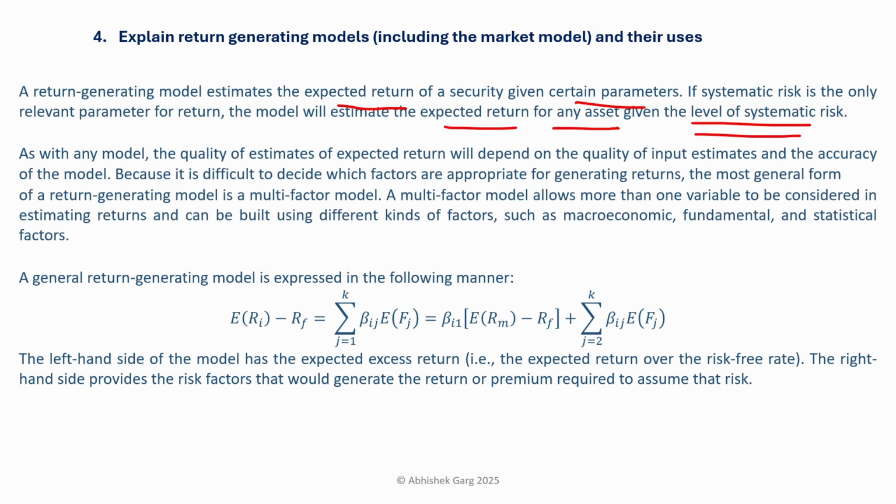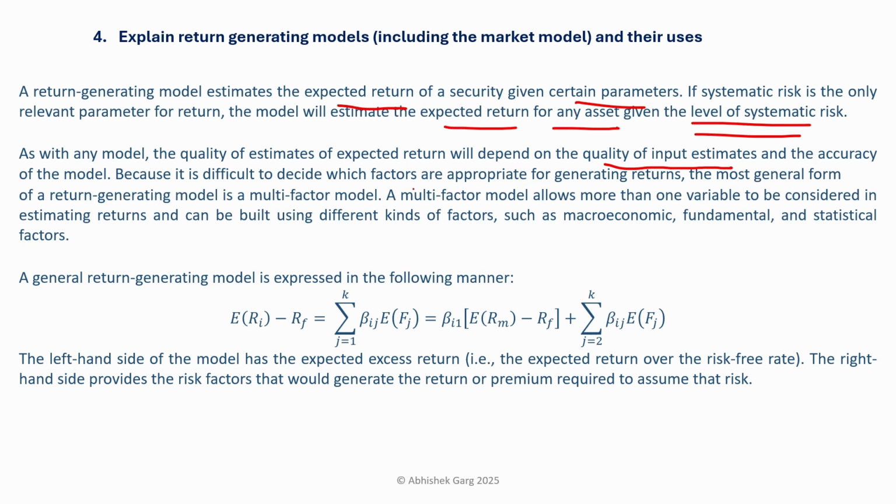It means, since we are saying that non-systematic risk is not rewarded, the expected return on any asset should be governed by the level of systematic risk. As with any model, the quality of estimates of expected return will depend upon the quality of input estimates and the accuracy of the model.